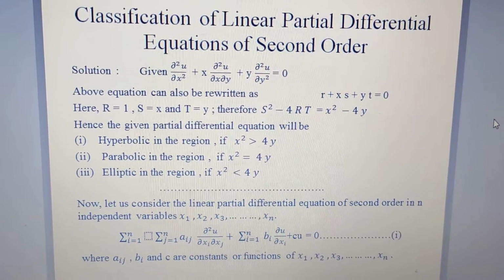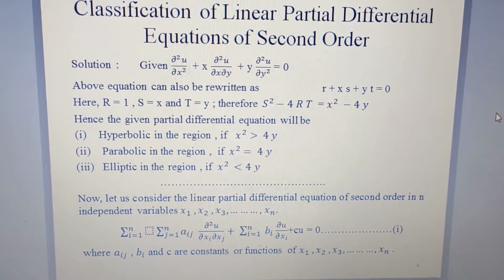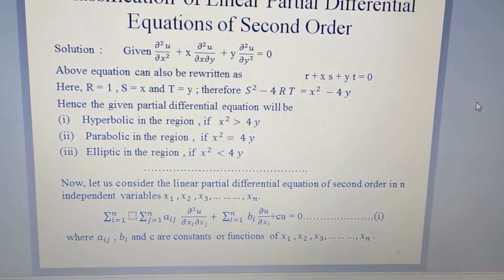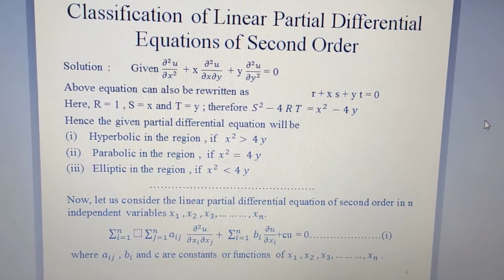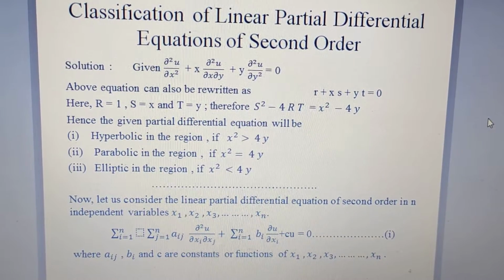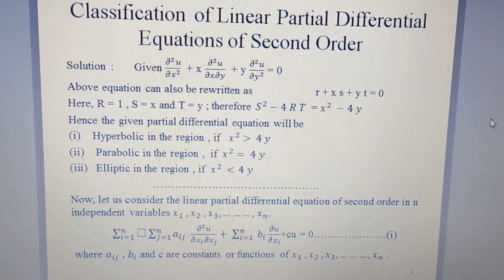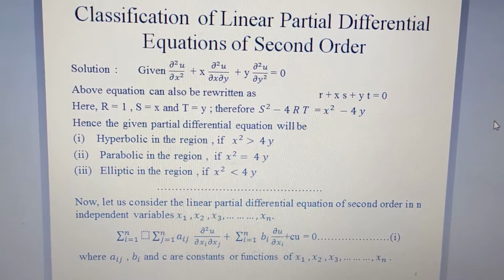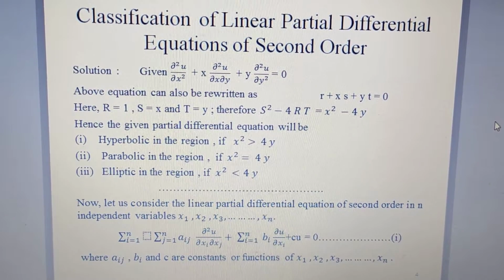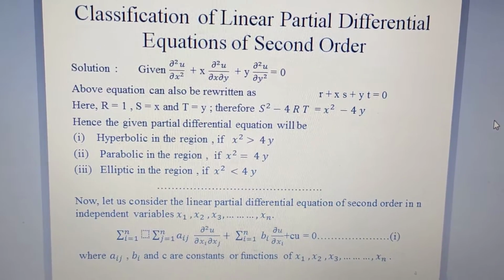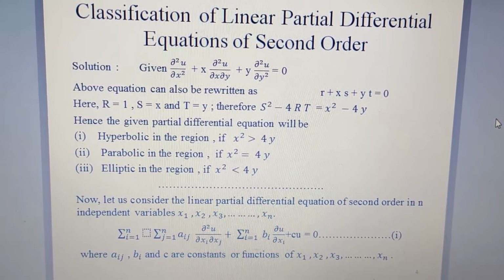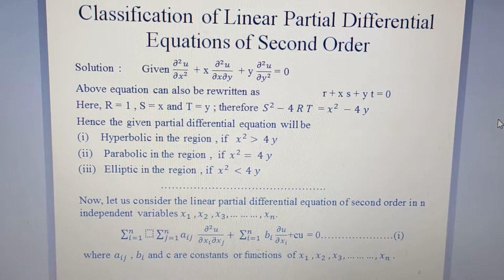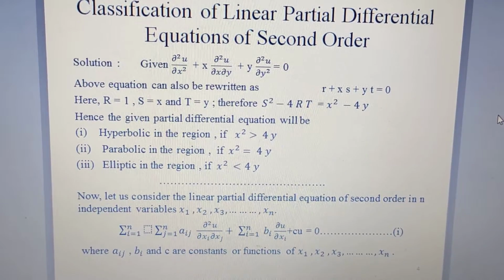Now, let us consider the linear partial differential equation of second order in n independent variables x1, x2, x3 up to xn in the following manner: double summation i running from 1 to n, j running from 1 to n, aij ∂²u/∂xi∂xj plus summation i running from 1 to n, bi ∂u/∂xi plus cu equal to 0.